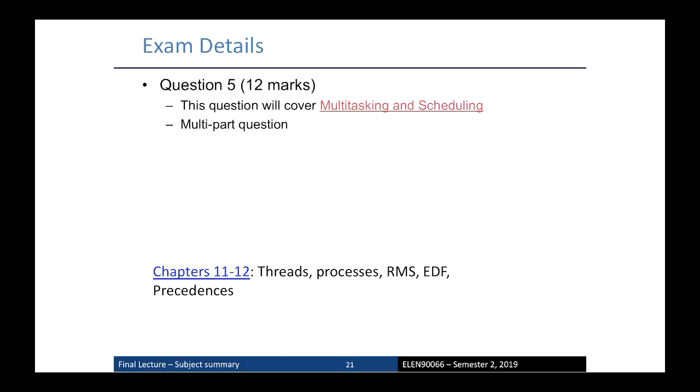Remember that scheduling is all motivated from threads and processes, having to have 2 tasks that need running with certain deadlines, and you've got to context switch between them, preempt them, whatever. I don't expect you to memorise much, but please know those 2 algorithms: rate monotonic scheduling and earliest deadline first.